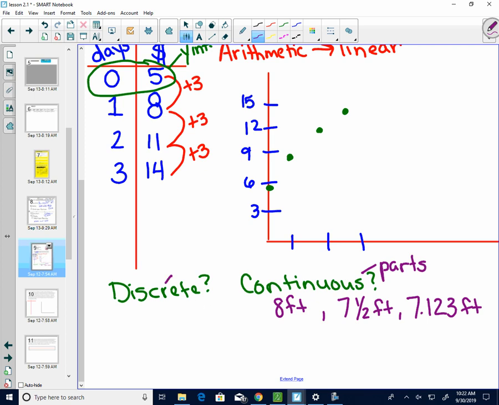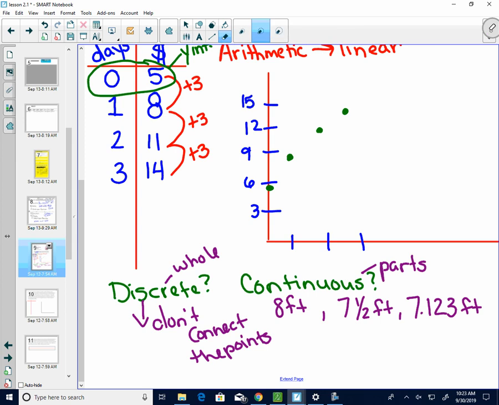Whereas discrete, we think of as whole numbers, things that can't be broken into parts. And so this whole idea of discrete and continuous comes into play when we're graphing, because discrete tells us we don't connect our points, or don't connect the dots, while continuous tells us we should.